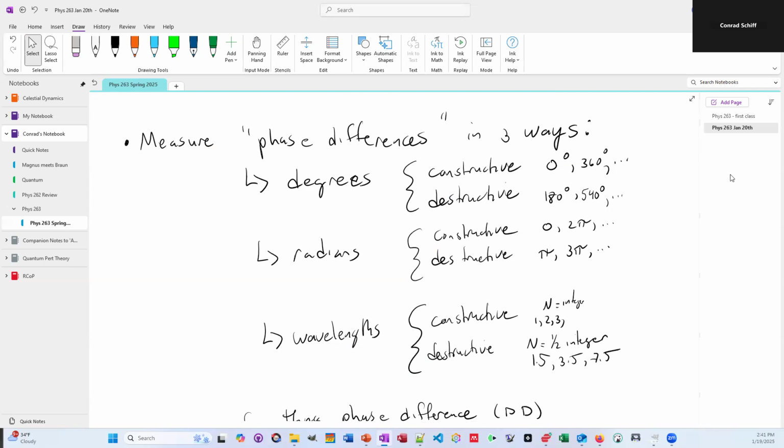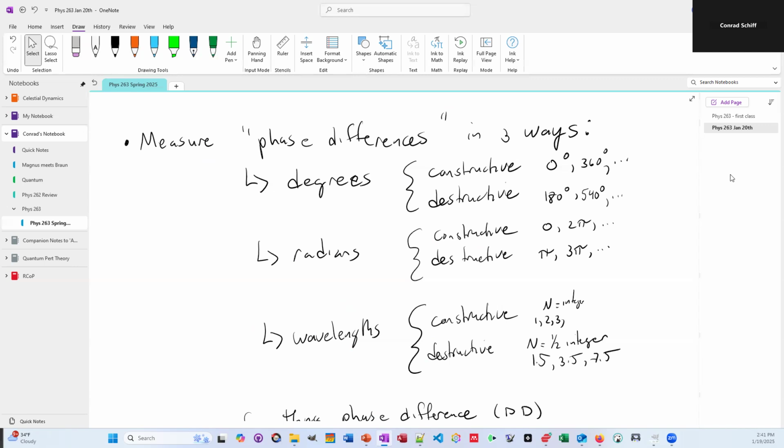And I'll show examples below to understand why you might want 360 or 720 or vice versa. Likewise, for the destructive waves, the degrees will be odd multiples of 180: 180, and then 180 plus 360, which is 540, and so on.